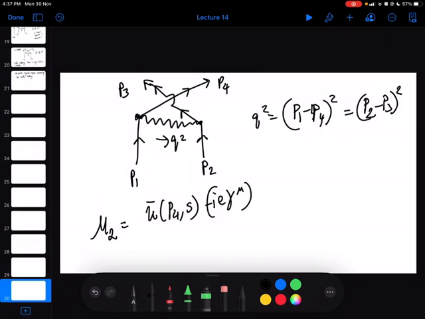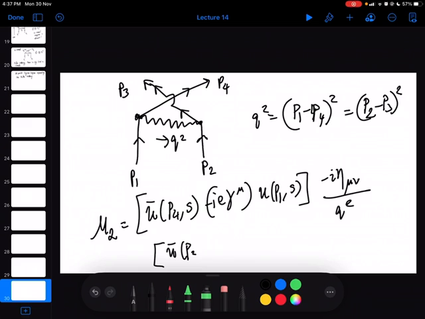Okay, so now you see that this is u bar P4 of s, minus i e gamma mu, the vertex factor, and then this is u of P1 of s, then minus i e eta mu by q square, then you have u bar P3 of s, minus i e gamma nu, u of P2 of s.